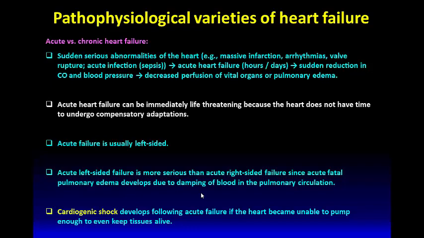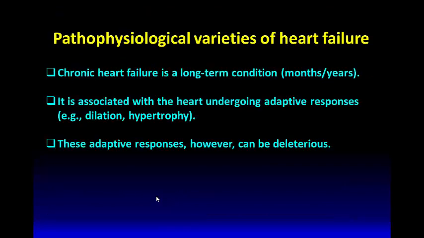Cardiogenic shock might develop following acute heart failure if the left ventricle becomes unable to pump enough cardiac output to even keep the tissues alive. So this is what happens when there is acute left-sided failure. Let's describe chronic heart failure.